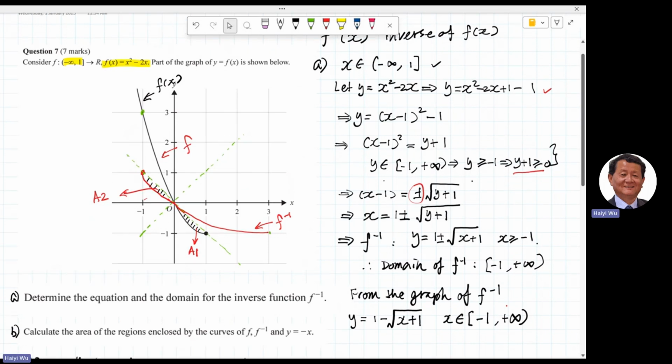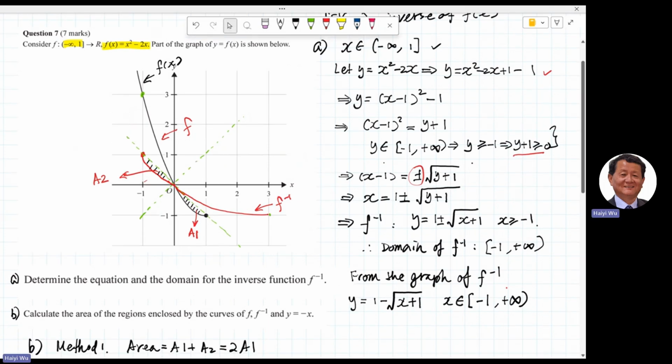So I'll move 1 to the other side, so x equals 1 plus or minus the square root of y plus 1. Now we swap. Don't forget to swap x with y: y becomes x, x becomes y. So that's how we get the inverse.